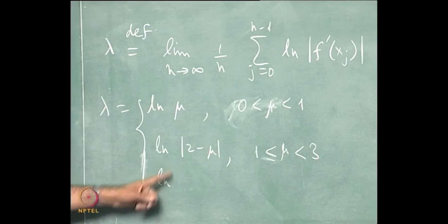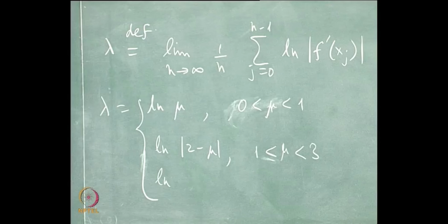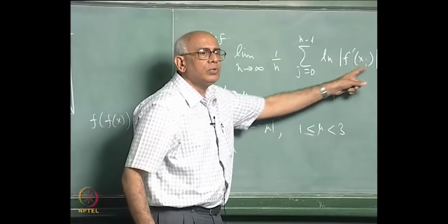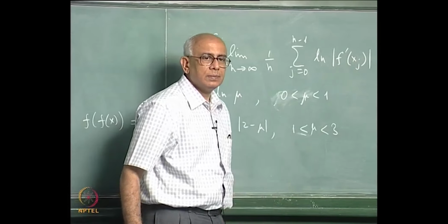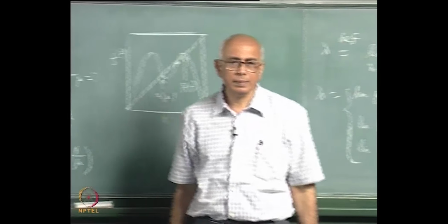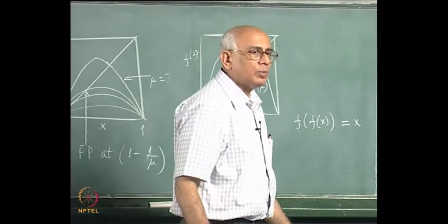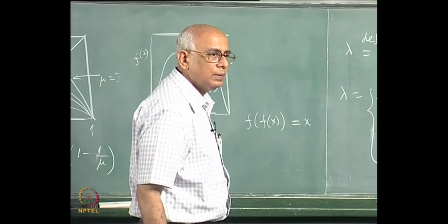It would start at 0, but then it would become negative because you have now found a period 2 cycle which is stable. And what happens to the Lyapunov exponent by this definition? You have 2 values here in this summation, is not it? So what would the Lyapunov exponent be in this case?